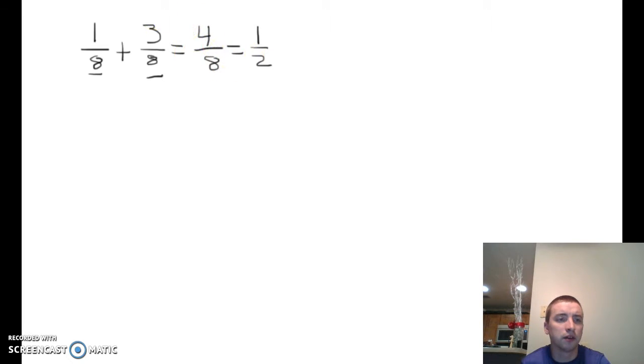But if the denominators are not the same, for instance, let's say I have the fraction 3/8 plus 3/4. Here I don't have the same denominator, so I have to find the common denominator.